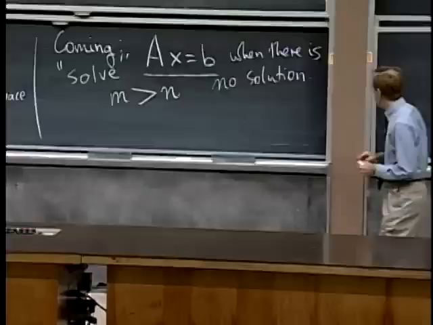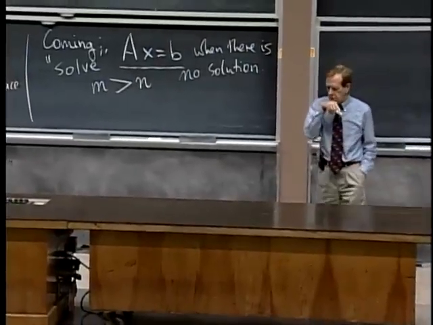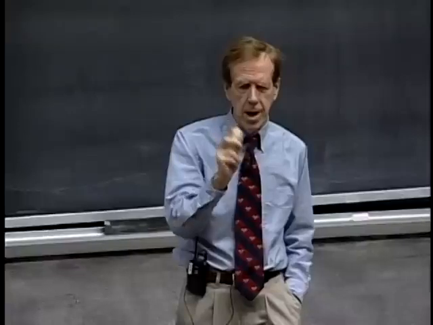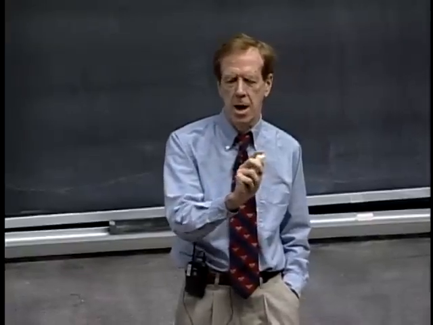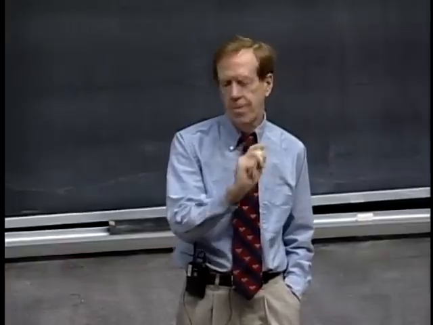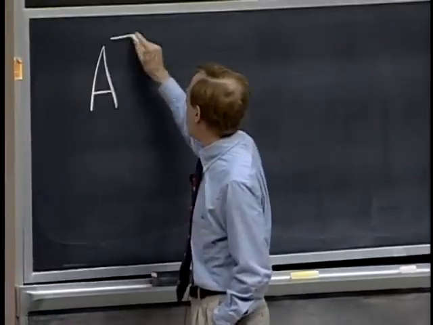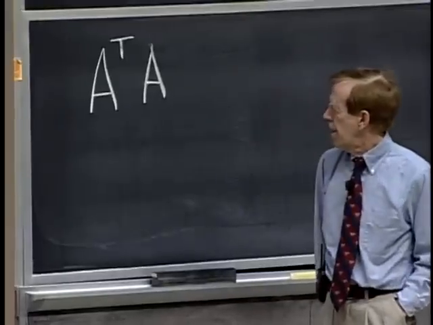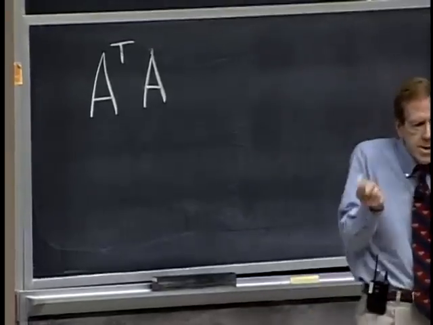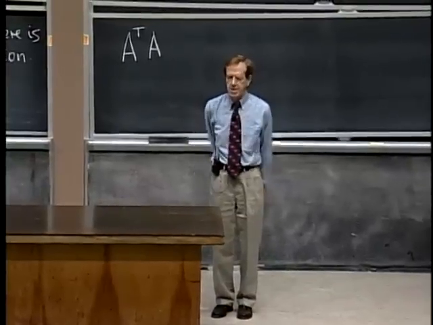All right, I want to jump ahead to the matrix that will play a key role. This is the matrix that you want to understand for this chapter 4. And it's the matrix A transpose A. Tell me some things about that matrix.